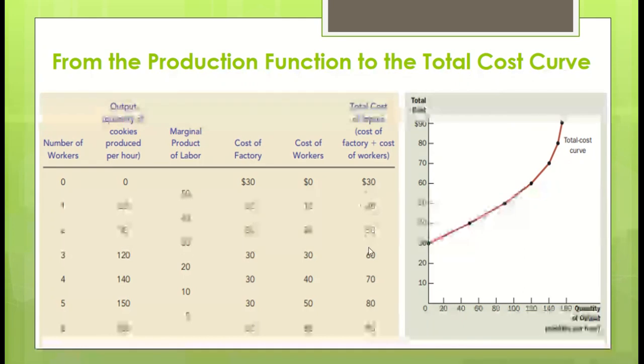So we can get all these values of the total cost of inputs by adding the cost of factory and cost of workers. Okay, coming to the next one, that is marginal product of labor.